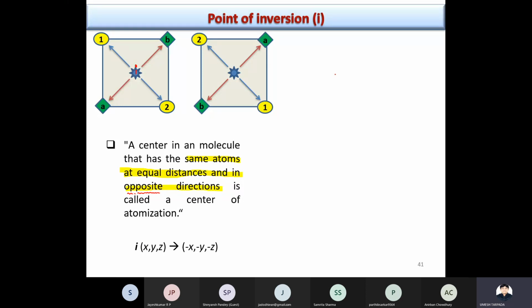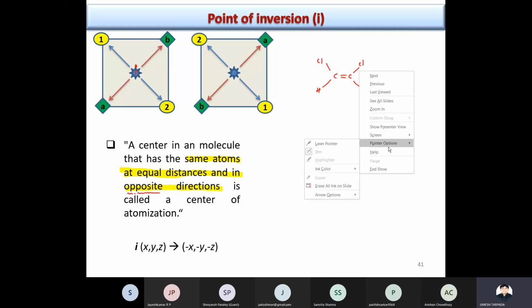Now, is this molecule having point of inversion I? Suppose I take here Cl, here also Cl, and here 2 hydrogen. Can we take center of inversion I in this molecule? No. Why? Because hydrogens are cis and chlorines are cis to each other, so we cannot join the opposite point.